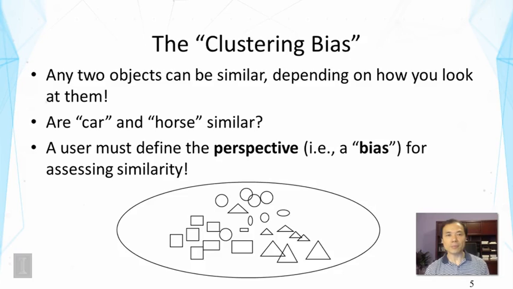Now, this problem has to be clearly defined in order to have a well-defined clustering problem. And the problem is in general that any two objects can be similar depending on how you look at them. So for example, let's look at the two words, car and horse. Are the two words similar? Well, it depends on how you look at it.